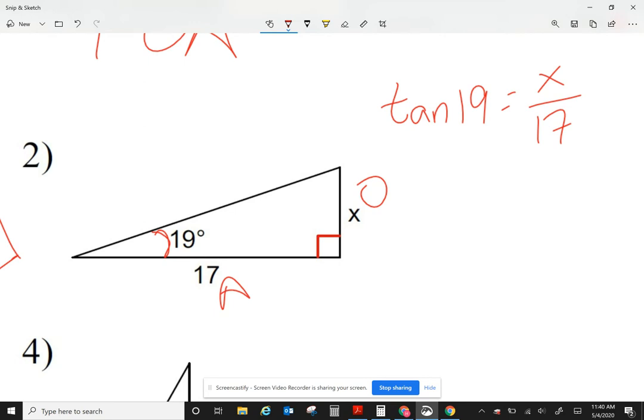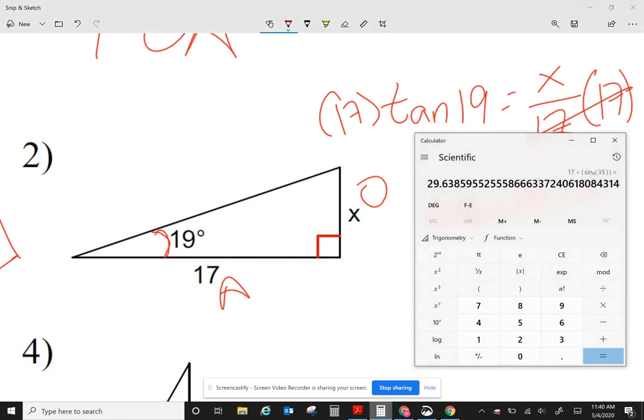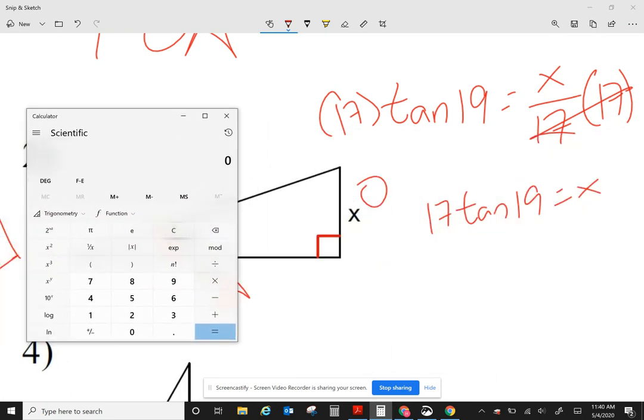Because my x is on top, to get rid of the fraction, I'm going to multiply both sides by 17. So I have that 17 times tangent of 19 is equal to x. Let me get my calculator out. I'm just going to go 17 times. Remember, in my calculator, I have to press 19 first and then tangent. On your calculator, you might have to press tangent first and then 19. Now that 0.344, that is tangent of 19.